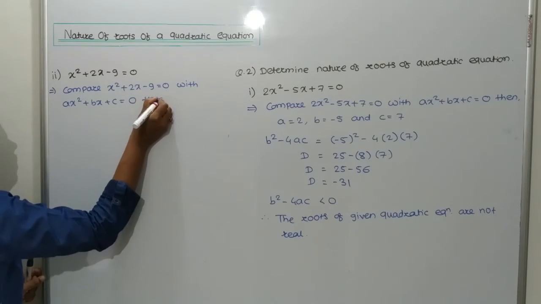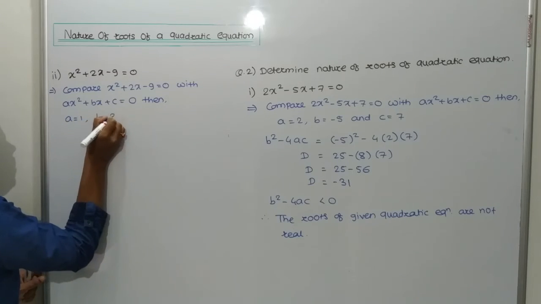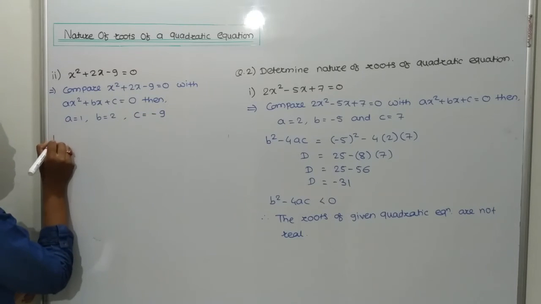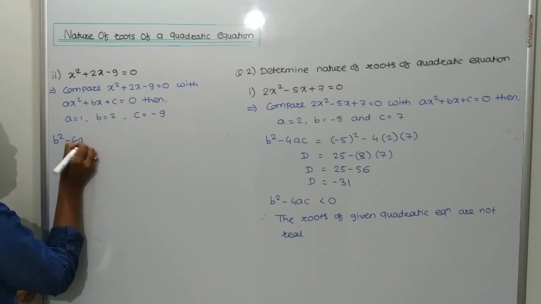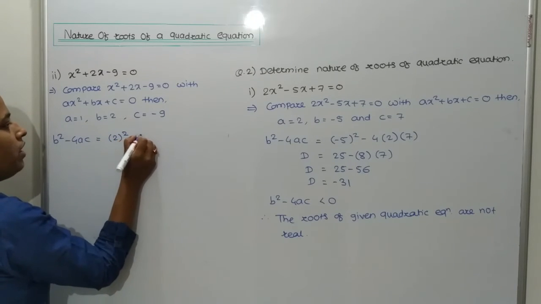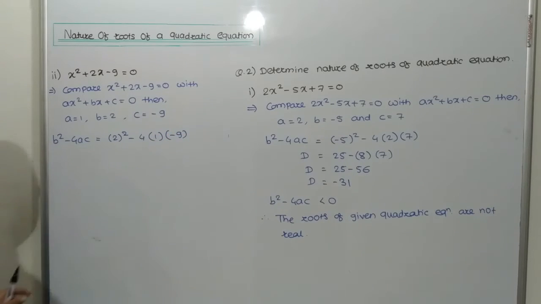Then what we have to get? A is equal to 1, b is equal to 2 and c is equal to minus 9. After that, calculate the value of b square minus 4ac. So put the value of b, that is 2 square, minus 4, a value is 1, c value is minus 9.